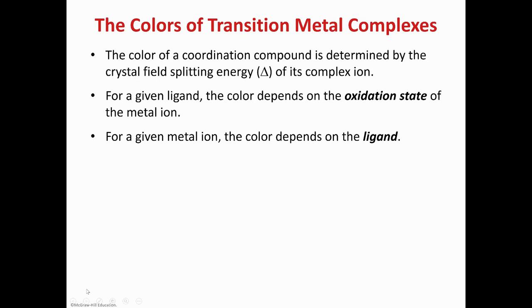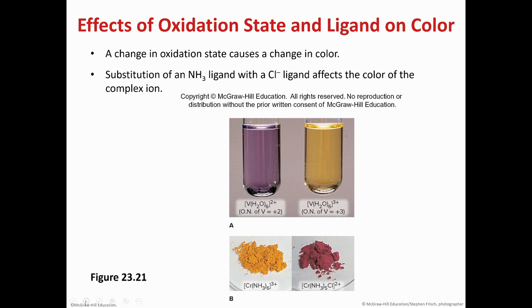Okay, so the energy split that a compound has is the result of the metal ion and what its charge is and what ligand is attached to it. And so the colors will change depending on what ligand this is. In this case, for example, down here, chromium-3 in both of these.